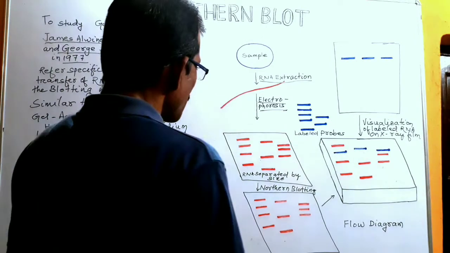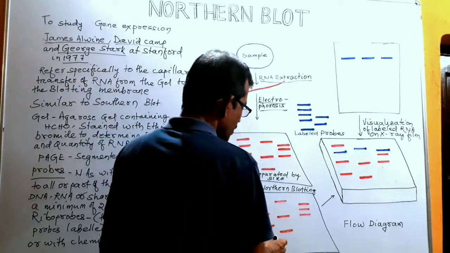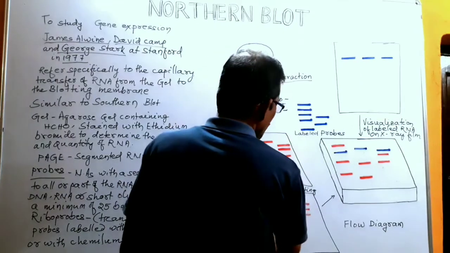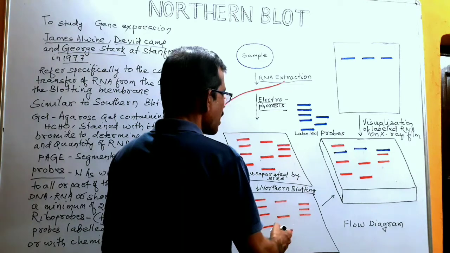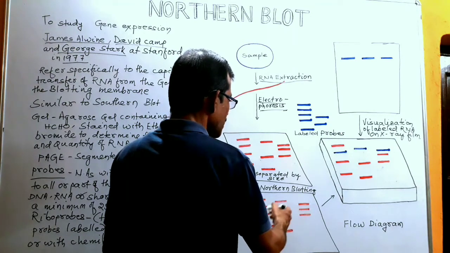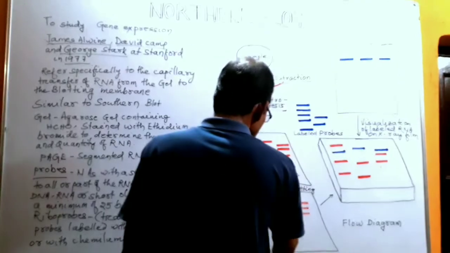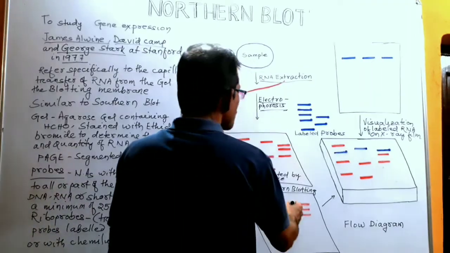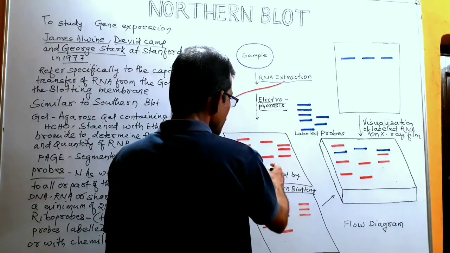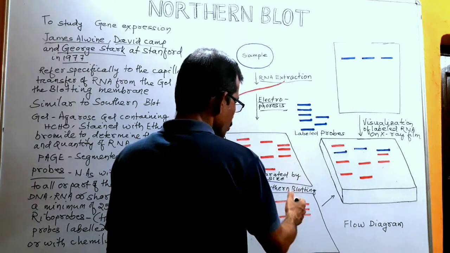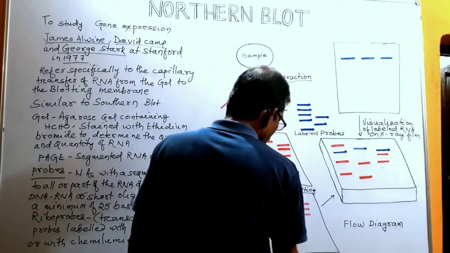After separation of RNA, the RNA are transferred to a nylon membrane by the process of capillary blotting or vacuum blotting system. The nylon membrane, which is positively charged, is most effective for this process because the negatively charged RNA molecules will have strong affinity for this nylon membrane.